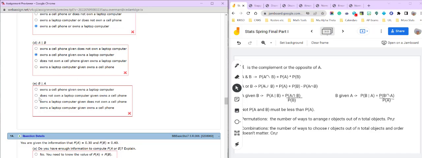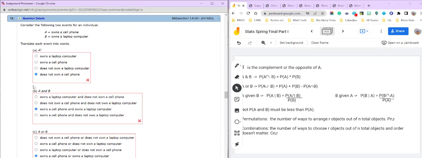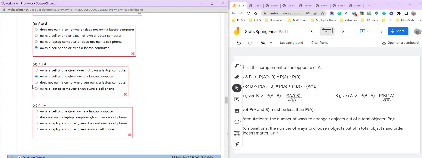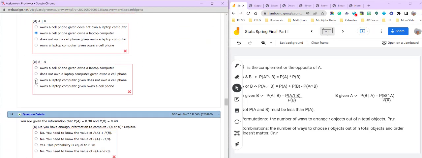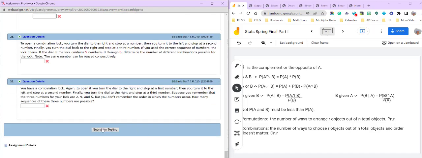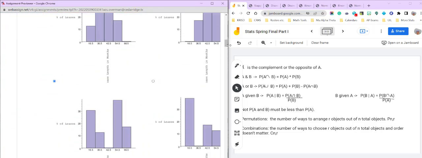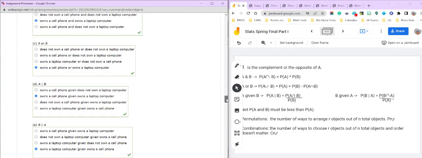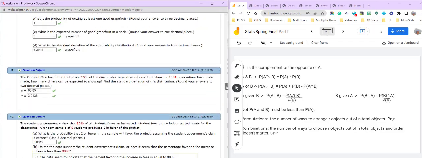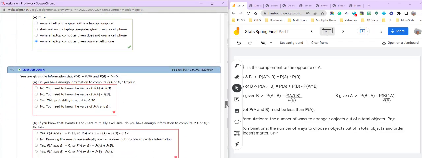B given A owns a laptop given they own a cell phone. Go ahead and check those answers. They're all right. All correct.